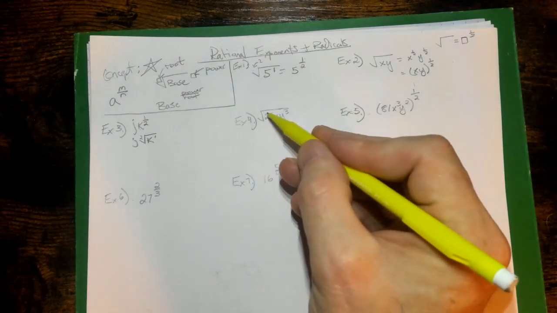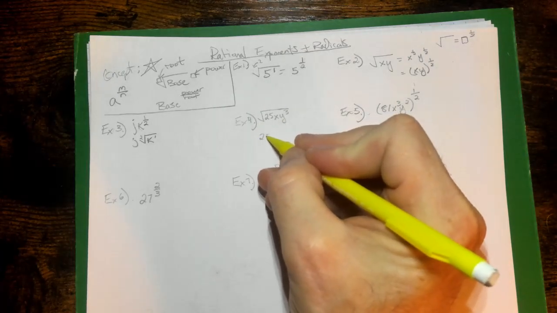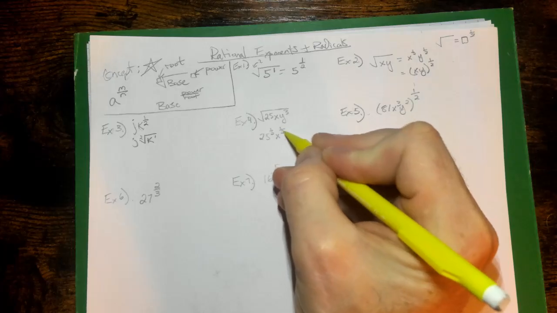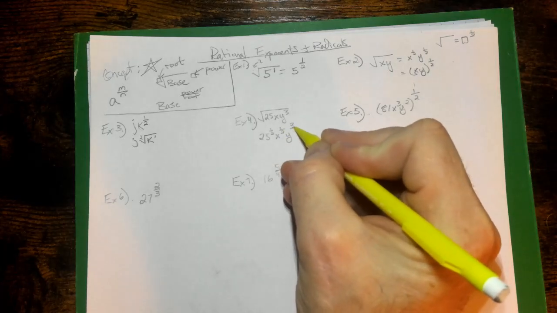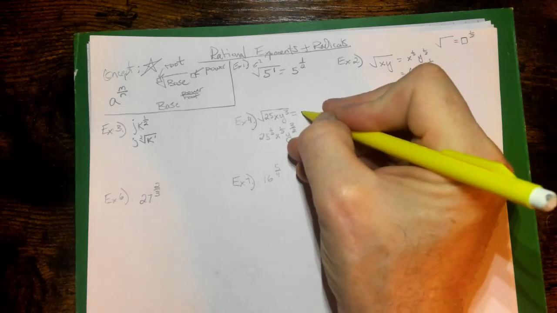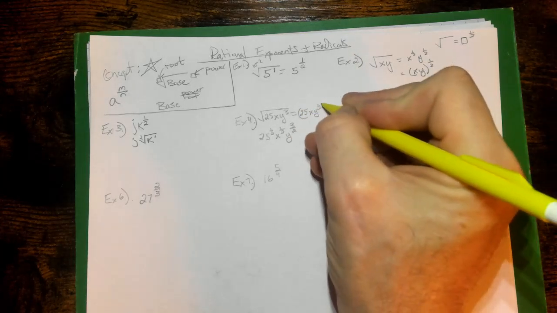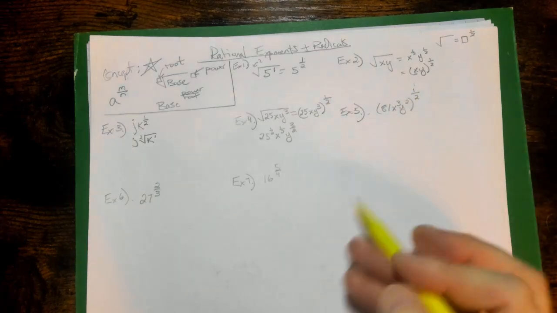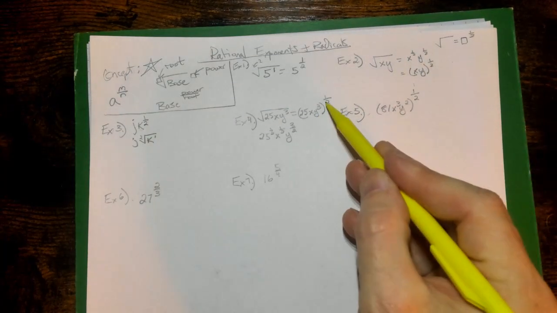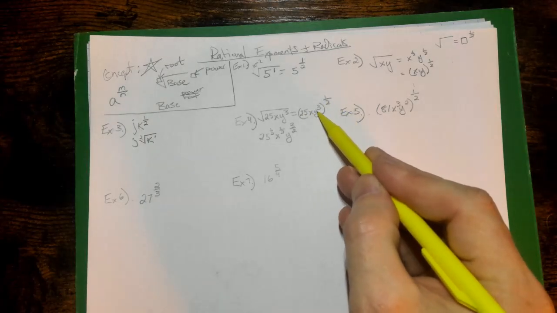Over here, let's rewrite everything with the 1/2 exponent. I'll have 25 to the 1/2 power, x to the 1/2 power, and then y to the 3/2 power. How did that happen? Another way to write this is 25x y to the 3rd, all raised to the 1/2 power. We took everything underneath the symbol and put it in parentheses, which means I have to distribute that 1/2 to each of these.